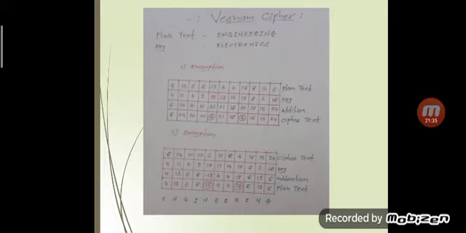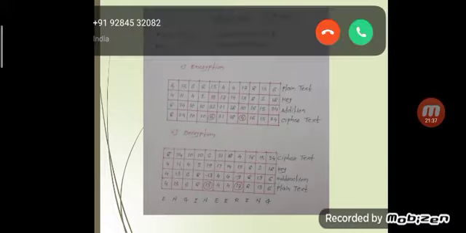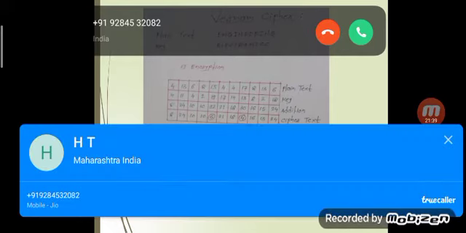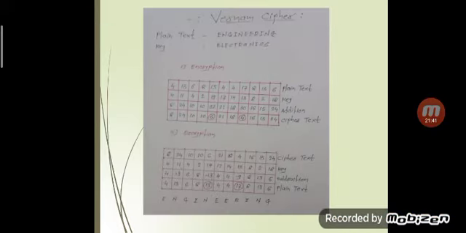Okay, so up to this we studied three types of ciphers. The first one is the polyalphabetic cipher, the second one is the Vigenere cipher, and the third one is the Vernam cipher. These are the techniques related to substitution ciphers.